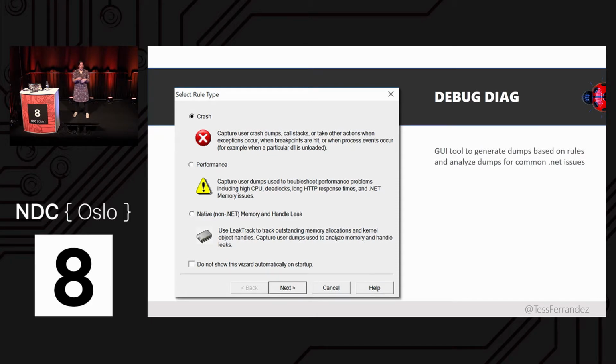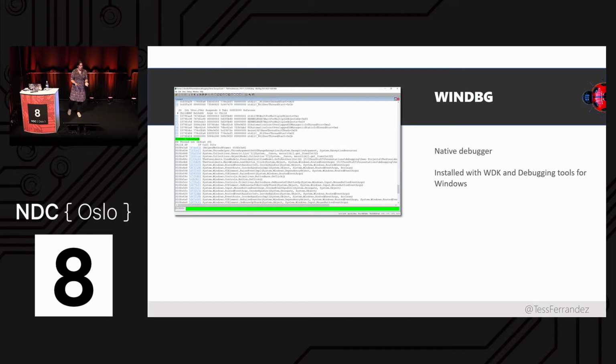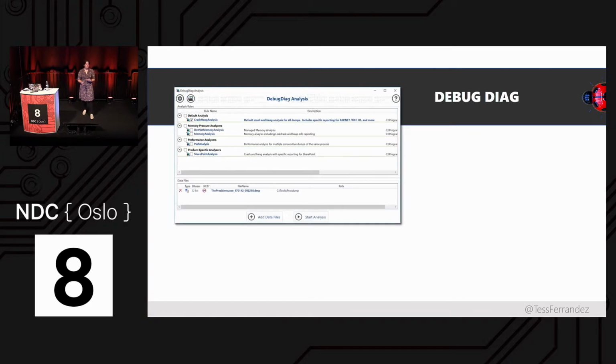You can do that even though it's not crashing the process, you can get a memory dump of it. And then you would go in and analyze dumps, and we've seen Windbg, so you can of course do it there. And you can use debug to analyze the memory dumps as well.